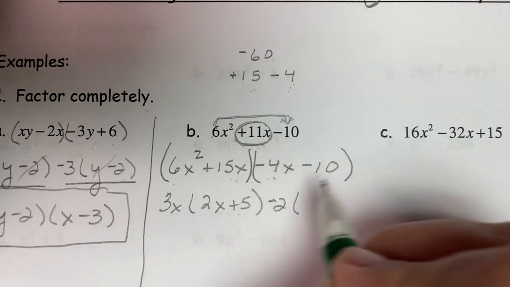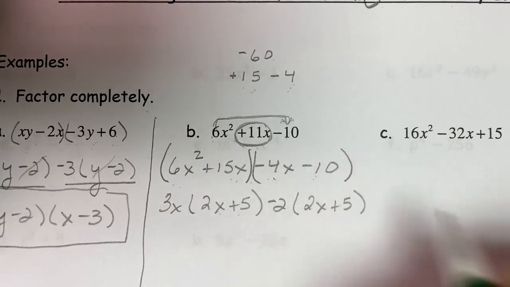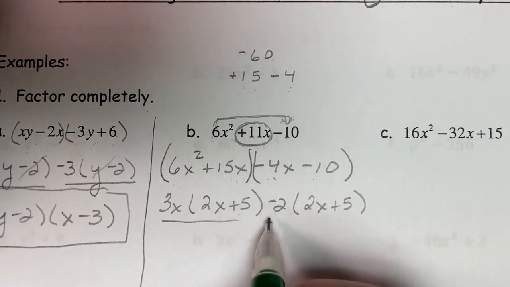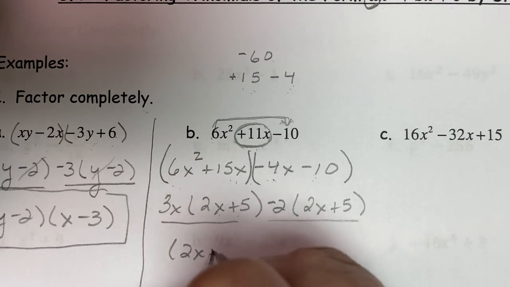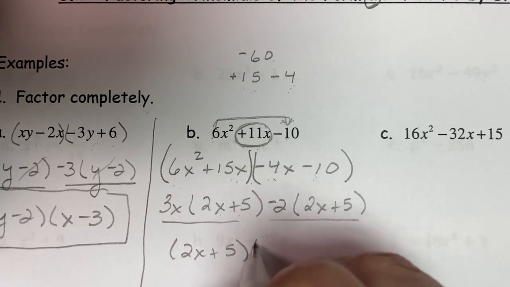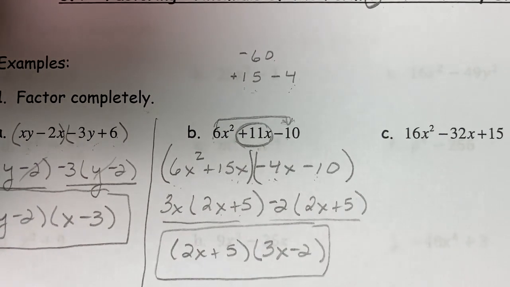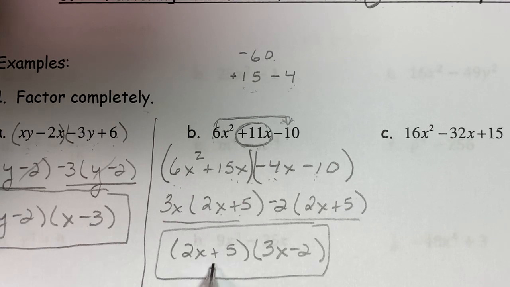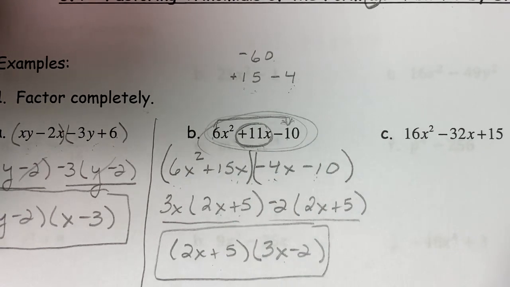Because when I divide that back in, I'm going to get positive 2x plus 5. Quickly looking at these as two big terms, what do they have in common? The 2x plus 5, which will leave in there 3x minus 2. And there is the factored form. If you were to FOIL these out, you would end up with this polynomial.